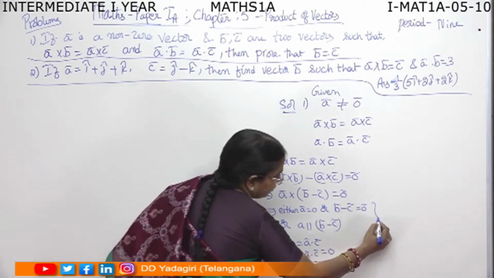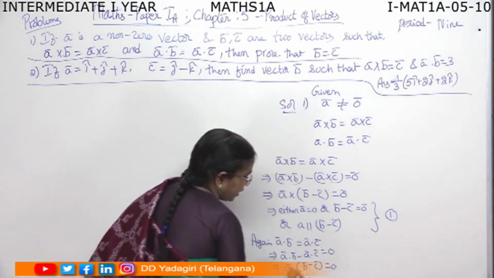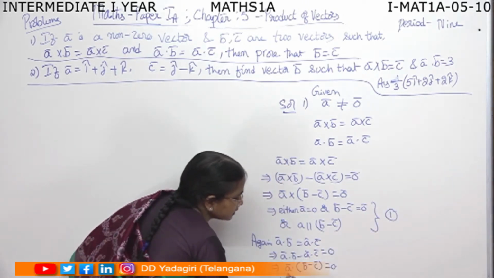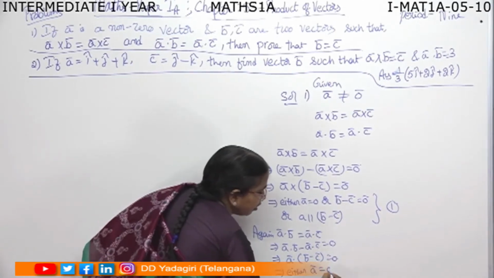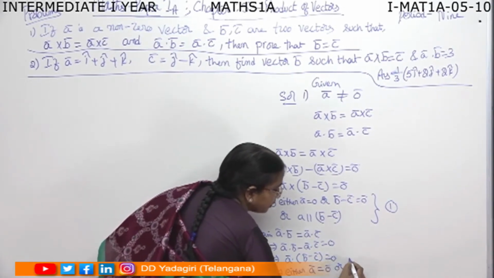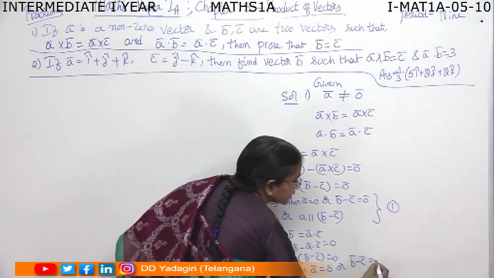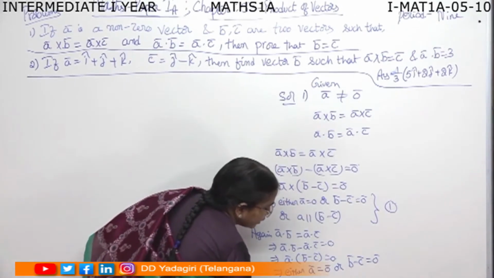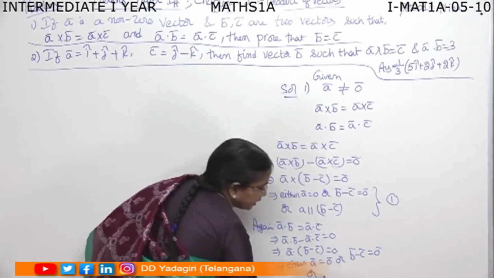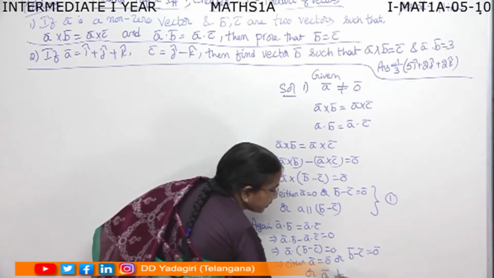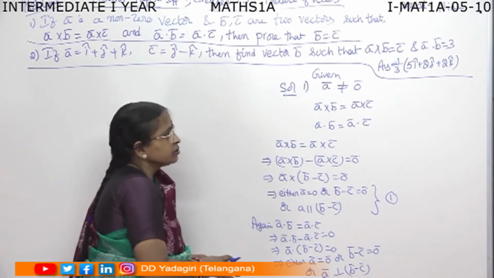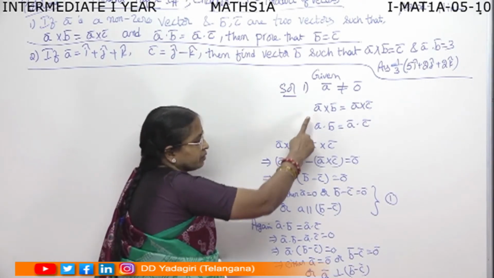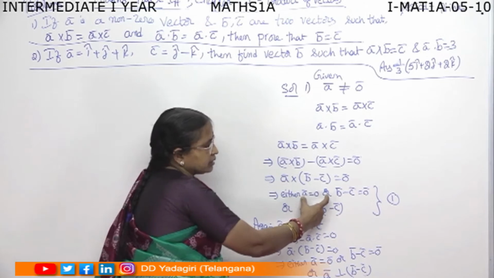We'll number this as 1 and this as 2. Now this implies either A is 0, or B minus C is 0, or, when is the dot product 0? When they are perpendicular. So A is perpendicular to B minus C. These are the possibilities. So from the first equation given, you are getting three possibilities like this.